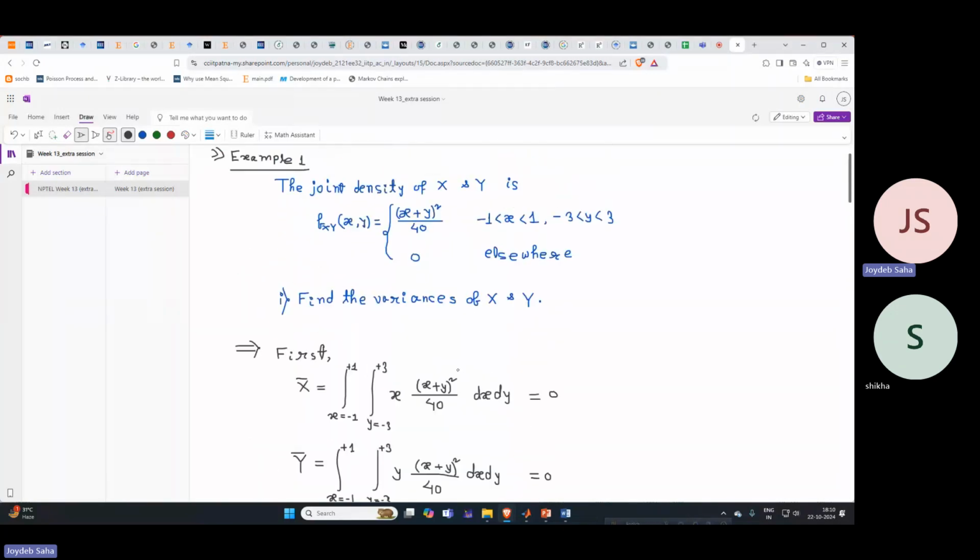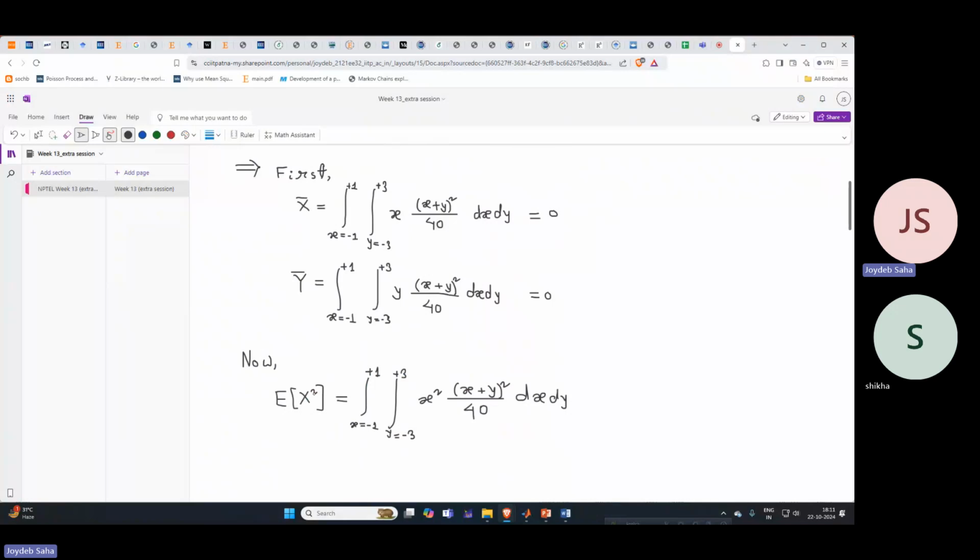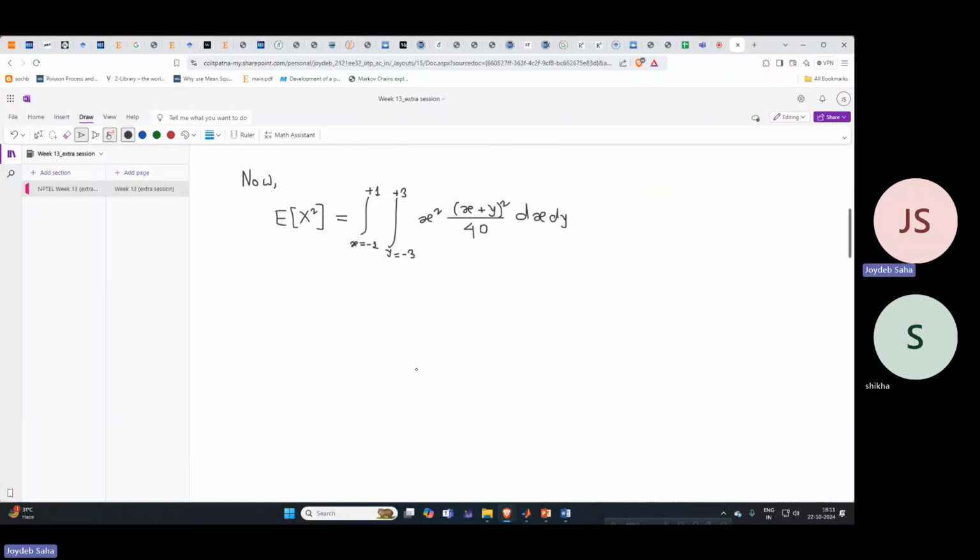So is there any other way we can calculate x bar, y bar, and expectation of x square, expectation of y square? Yes. If we first calculate the marginal density, then also we can calculate, right? Although both are similar.